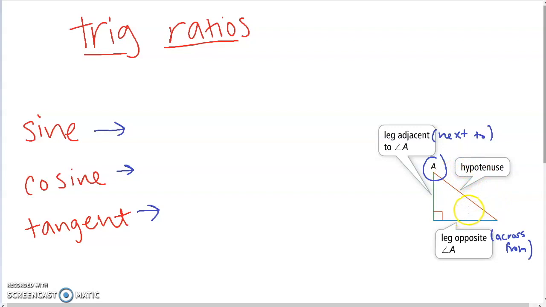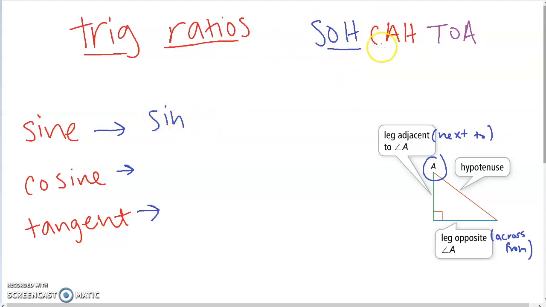Now that we have explained these, we can introduce a new acronym that might help us remember the trig ratios. Let's talk about SOHCAHTOA. SOHCAHTOA is an acronym that helps us remember the exact order for all of our trig ratios, where we have our sine, our cosine, and our tangent.